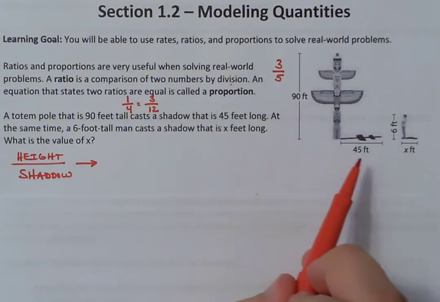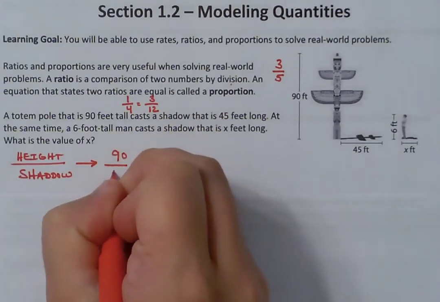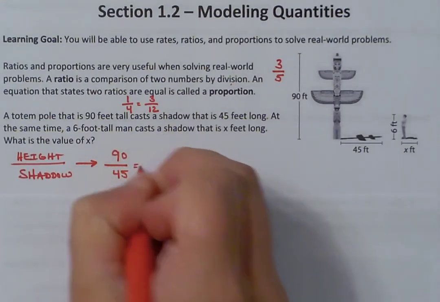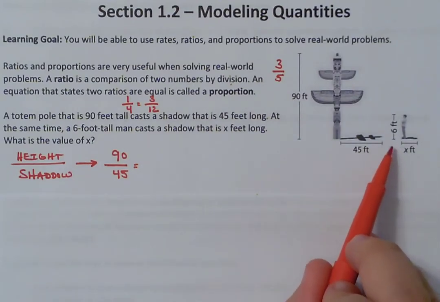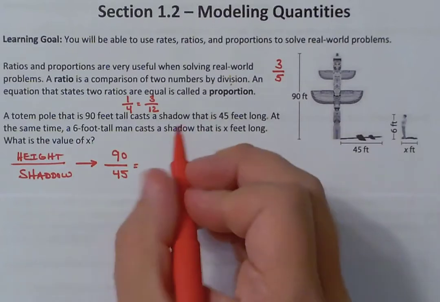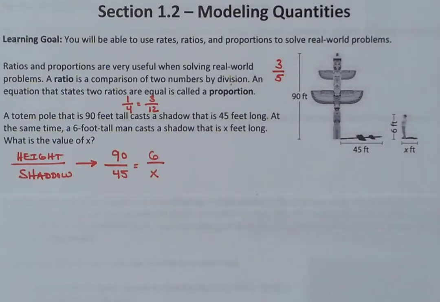That's going to be 90 over 45. And then my ratio for the man, since it's height over shadow, would be 6 over x. So my proportion is 90 over 45 equals 6 over x.